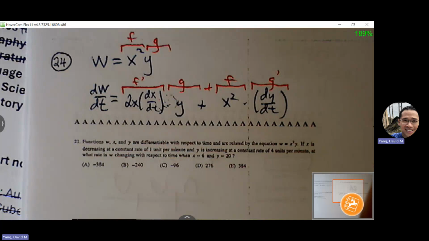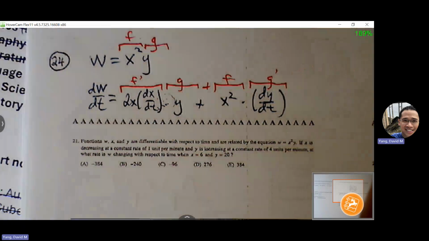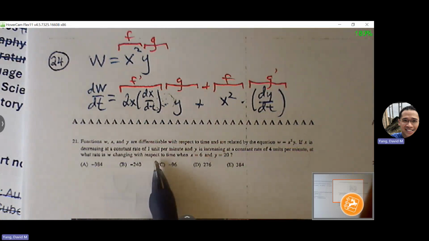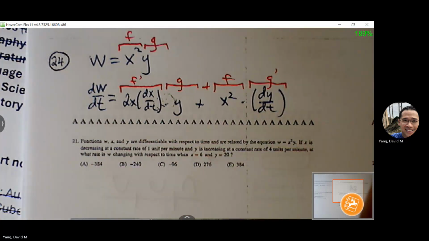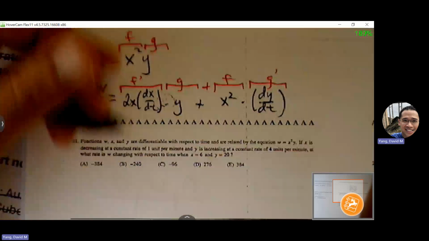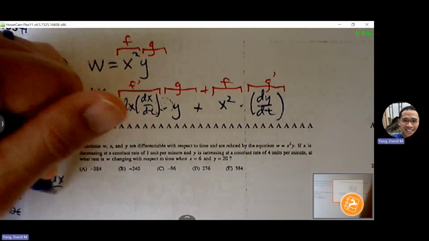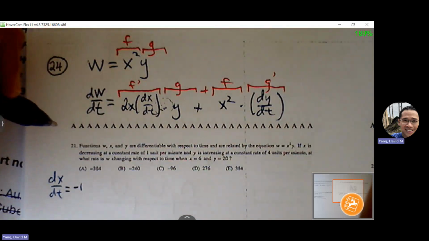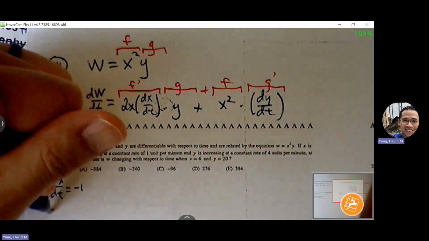So with all the details that they give us about these values, we're looking for dw dt. We know x is decreasing, so dx dt is -1. We know y is increasing, so dy dt is +4.